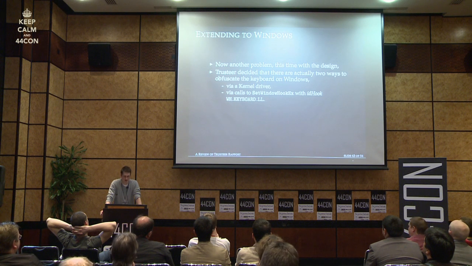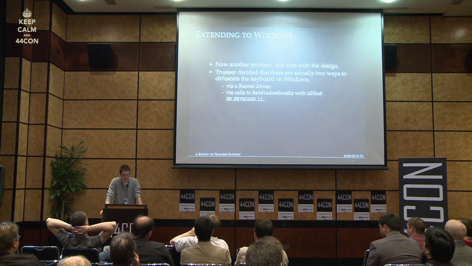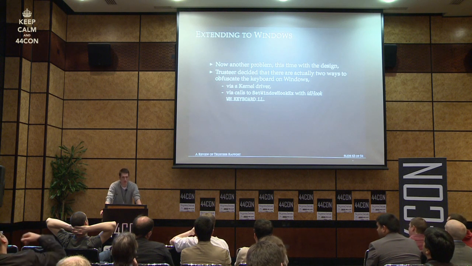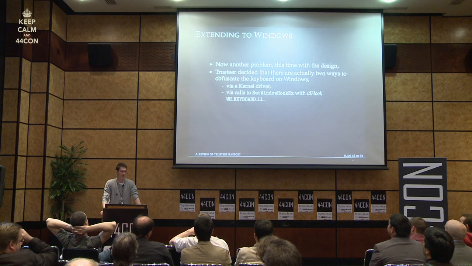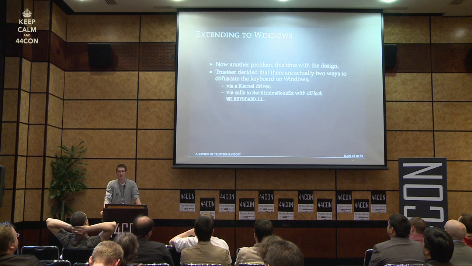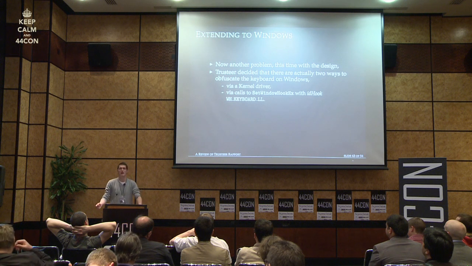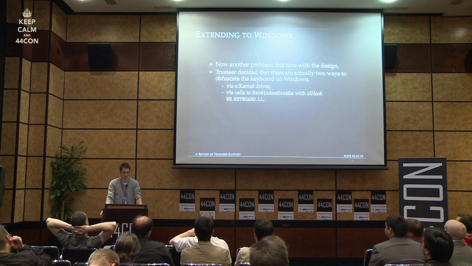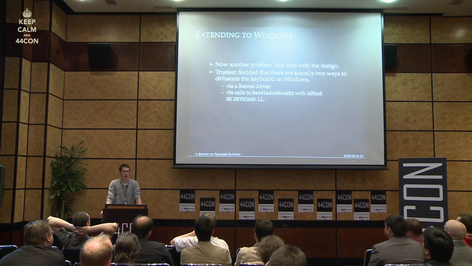The idea here is basically built on a simple assumption, a very inaccurate assumption of Trusteer, that if you call set window hook, you can guarantee that you will be the first function called when a user presses a key globally on the system, at which point you take the key, replace it, send a keyboard event via keybd_event or something like that. I forget what the function API is in Windows. And then you simply do not call next hook.